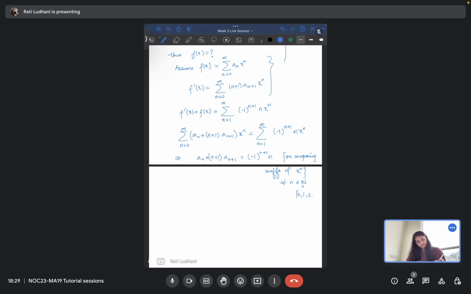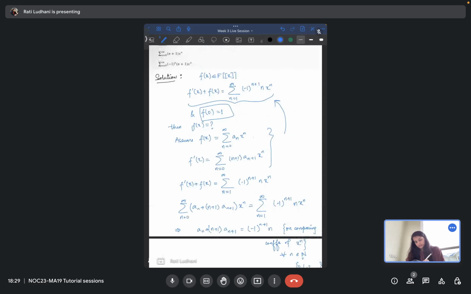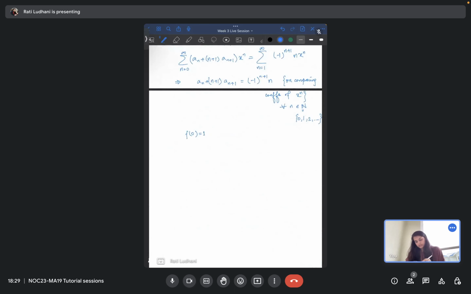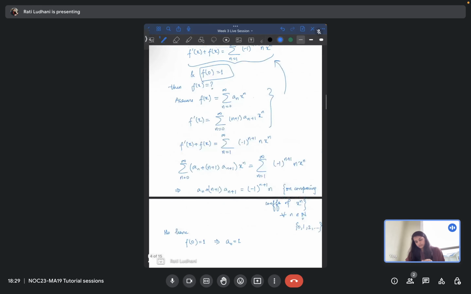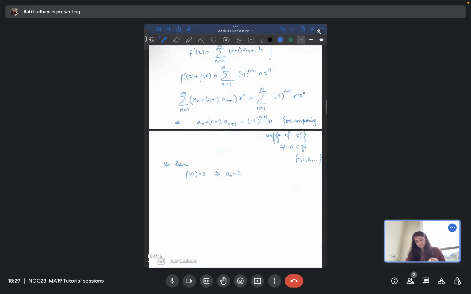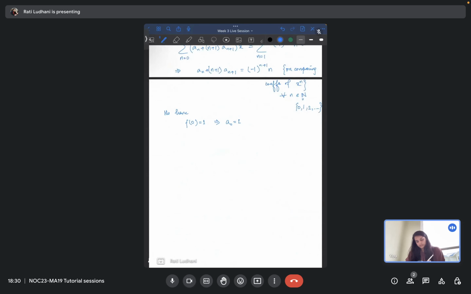So now what we have is f(0) = 1. That means, what is f(0)? f(0) is just a0, just put 0 everywhere in this expression. So a0 = 1. Next, this is a recursive relation.